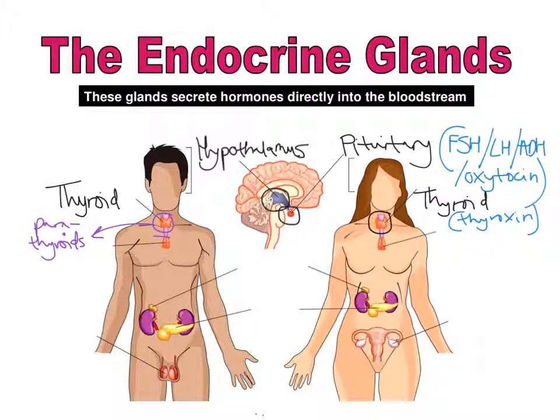The parathyroid glands, so we'll just put that one in also here. So we have the parathyroid glands, and these parathyroid glands are involved in the regulation of the level of calcium. So these are the parathyroids next to the thyroid.